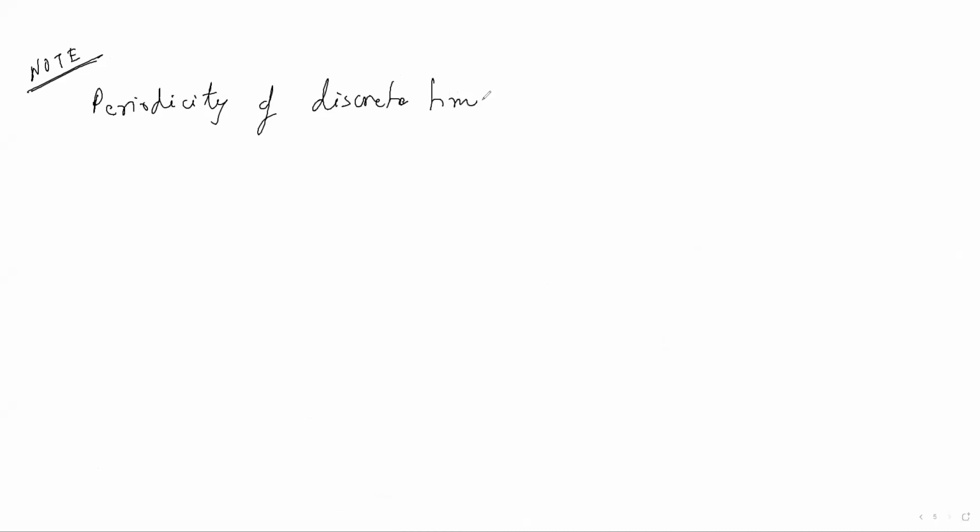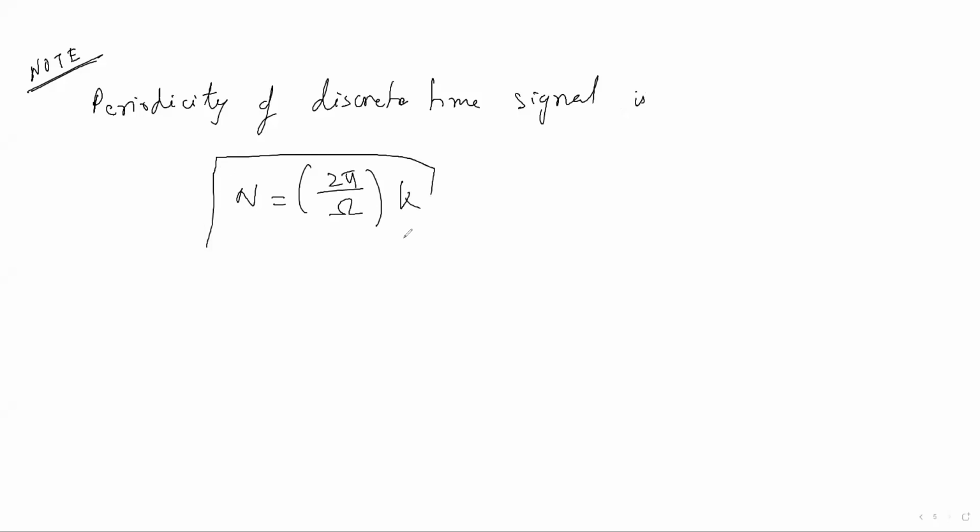Discrete time signal: the fundamental period for a discrete time signal is N equal to 2 pi by omega into k, where k value is 1, 2, 3 up to this. This should be only a positive value for a discrete time signal.